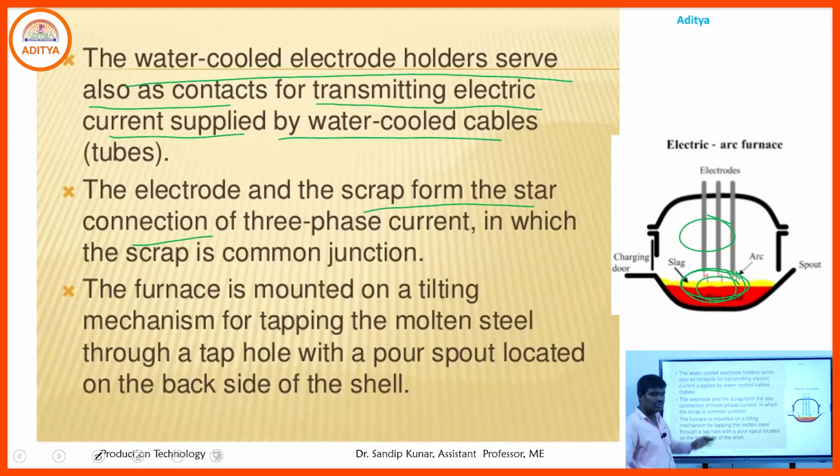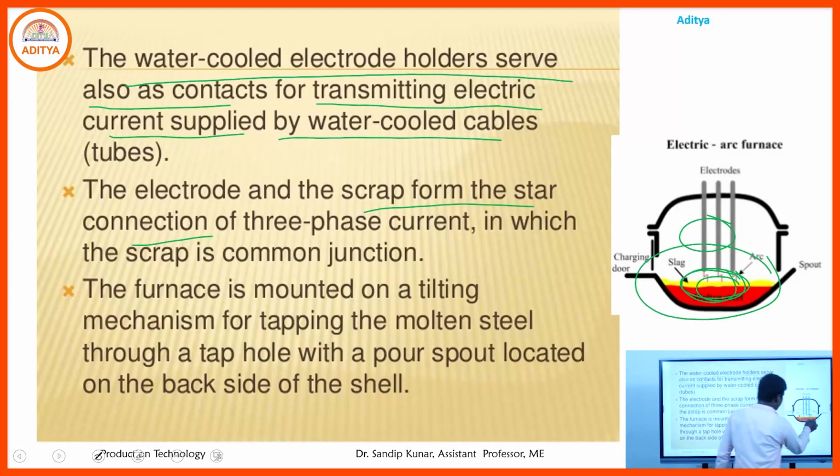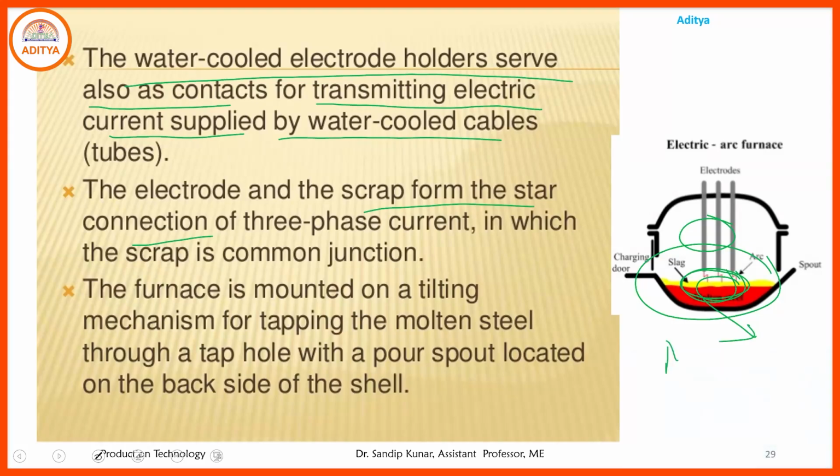The furnace is mounted on a tilting mechanism, so the furnace can be tilted as per our requirement, because in the tilted position the slag hole is used. When molten metal is formed, there is the molten metal zone and the slag zone, and using the slag hole we easily remove the slag.